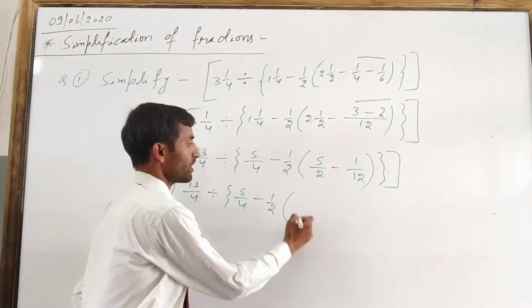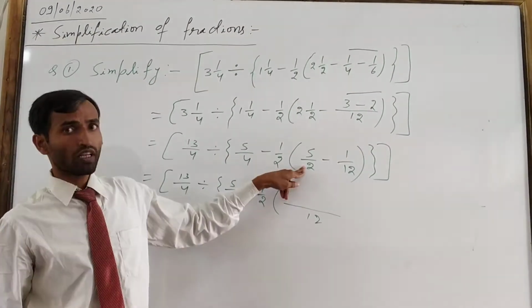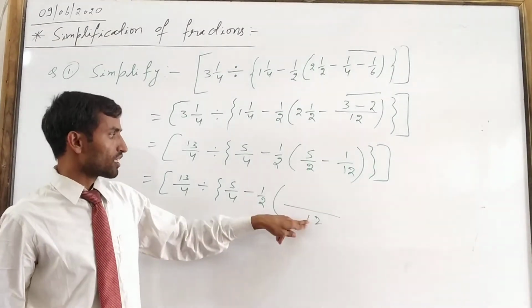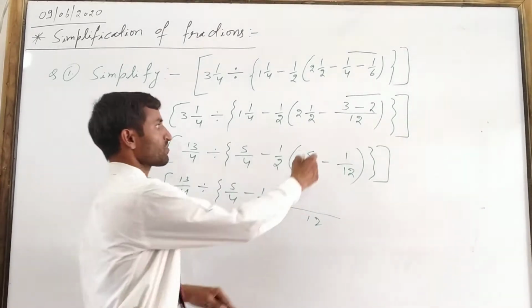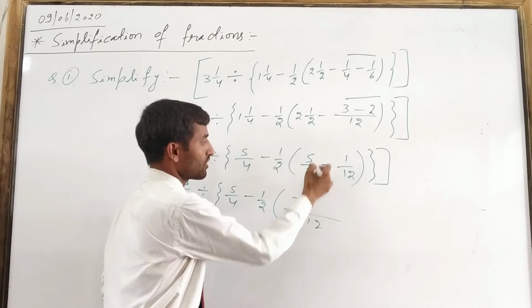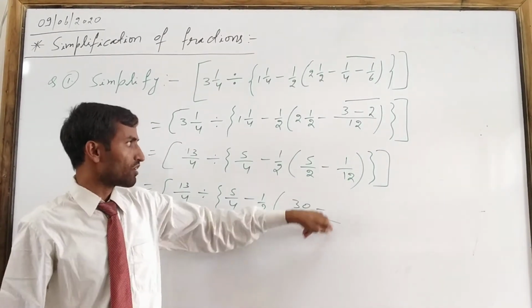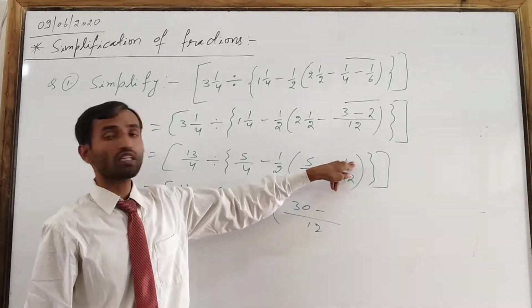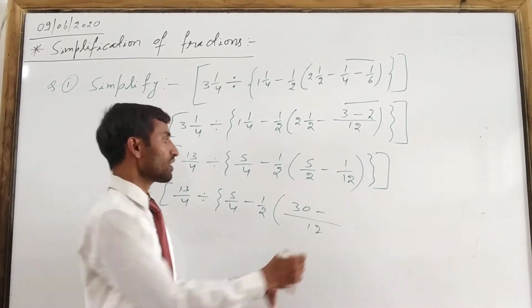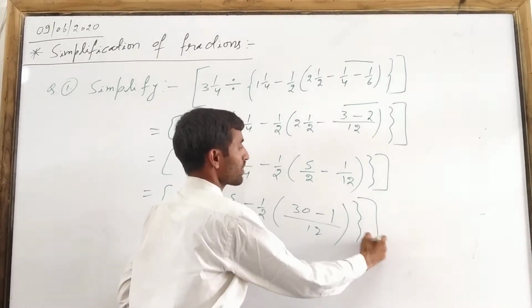The LCM of 2 and 12 is 12. After that we make the same denominator here. For that, 6 2s are 12, so we multiply here by 6. So 5 6s are 30 will come. Minus, because minus is there, and 12 is there, so 12 1s are 12. So no need to multiply, just multiply here by 1. So 1 1 is 1 will come. Again close this small bracket, curly bracket, and big bracket.